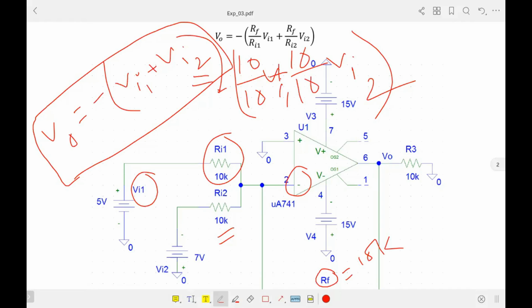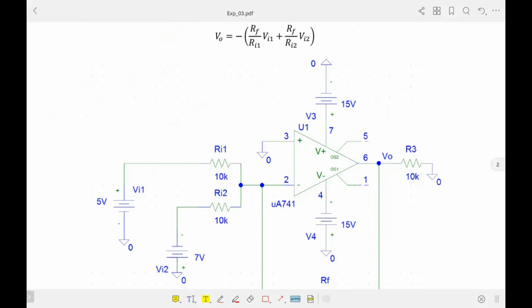So if I want to predict what the output voltage will be, as you can see, this is 5 volt and this is actually minus 7 volt, because I have connected the minus terminal to this. That's why the output voltage will be minus of 5 minus 7 volt, then there is another minus here.